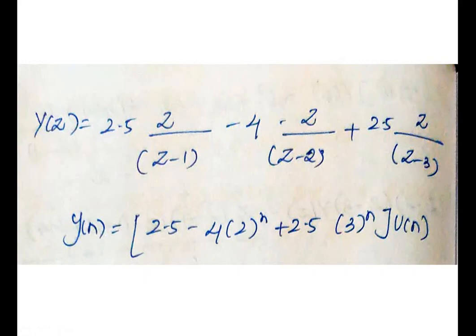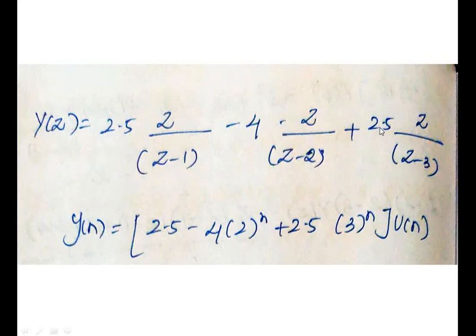So what we'll have to do now? Direct inverse z transform. a power n u of n on z transform gives you z by z minus a. So the inverse we'll have to apply. We have z by z minus 1. So what is this? 1 power n u of n. So we have it as 2.5. Then in the second term we have 4z by z minus 2. So what is this? 2 power n u of n. So we have minus 4 times 2 to the power n plus.